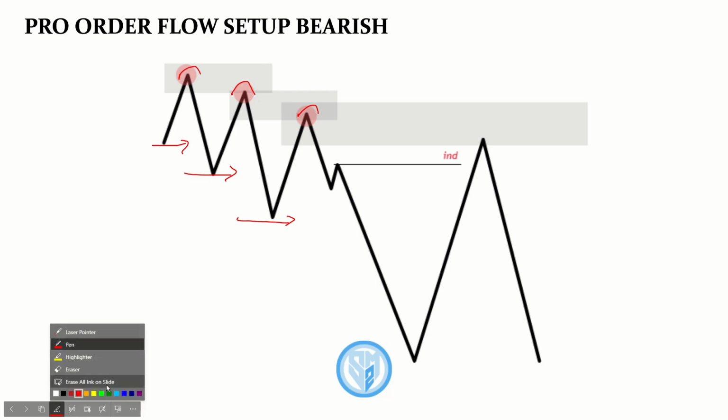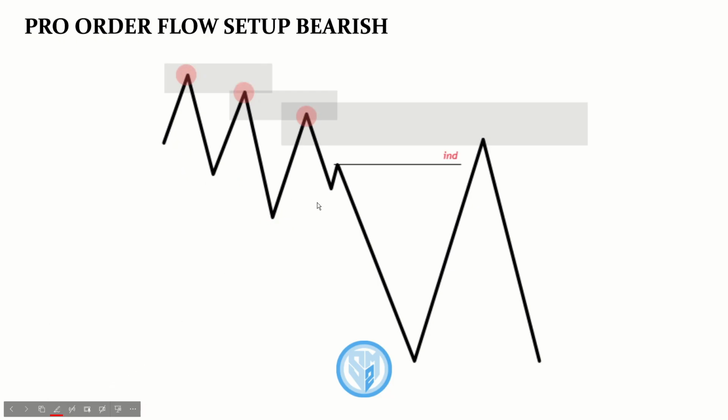Now the next thing we need to wait for is the next order flow zone to be created. In this example, this one here is our order flow zone. Once this is created, all you need to see is: do we have a break of structure? Yes. Do we have high volume? Yes. Has price already mitigated it?